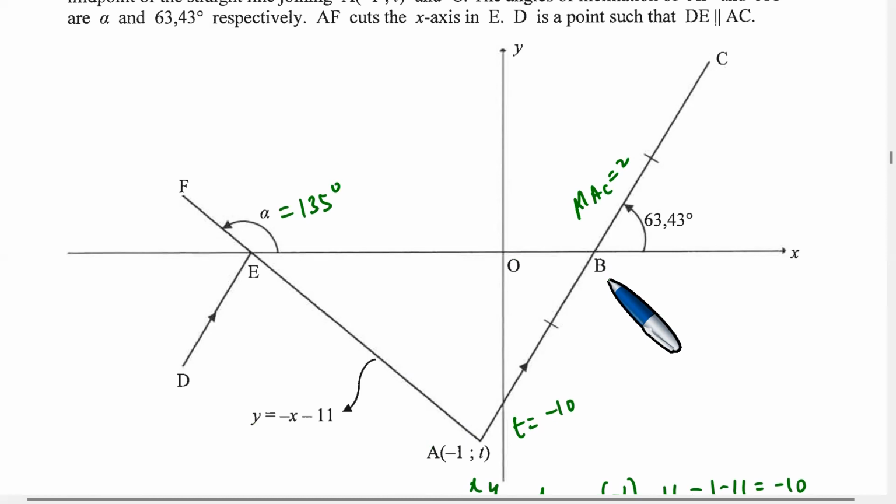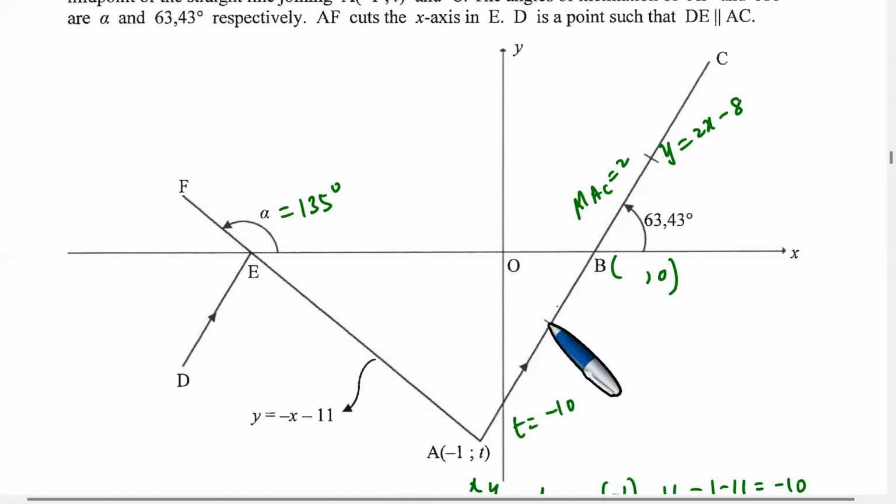Moreover, we already know the equation of the line as well. What is the equation of the line? If the equation of the line is y equals 2x minus 8, you need to find the x-intercept of this, because B is the x-intercept. So at the x-intercept, you already know that y is 0, you just need to get x.